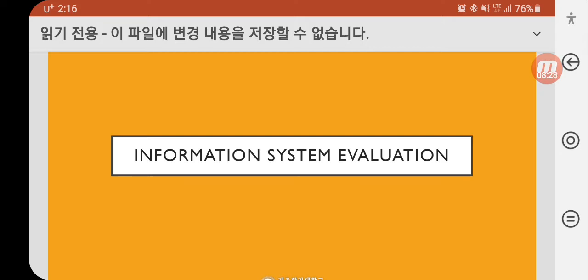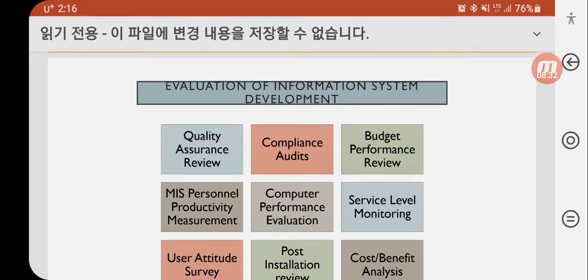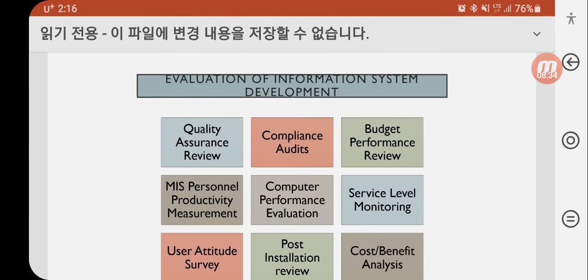Let's move on to the next slide. The slide you see now describes the evaluation of information system development.